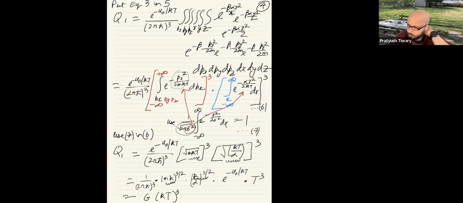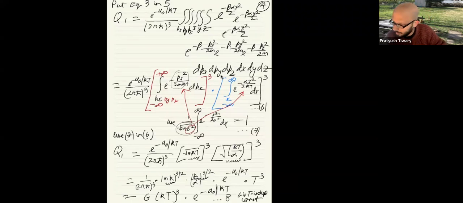This is also K to the power 3/2. So we are left with K to the power 3. So KT whole cube multiplied by e to the power minus U naught by KT, where G is a T independent constant. G includes the value of Planck's constant and things like that. We are not going to care about it too much.